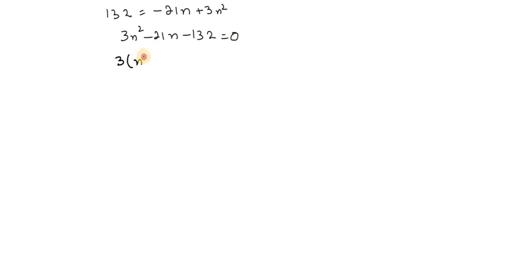So 3 is common, n square minus 7n minus 44 is equal to 0, since the other side of the equality will be 0.